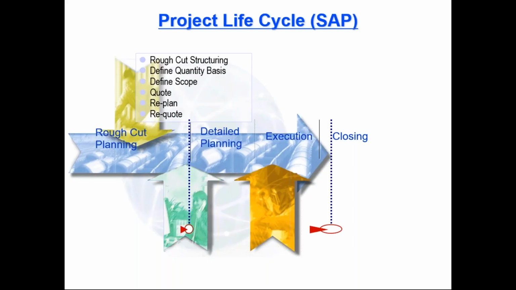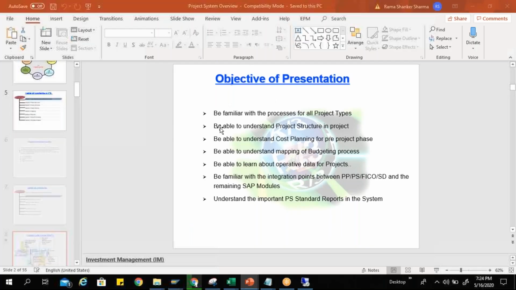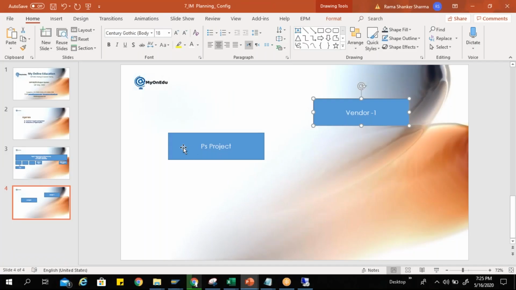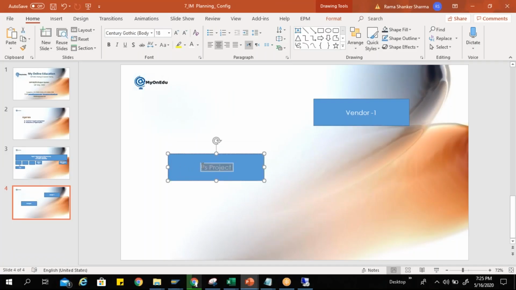Customer project, I'll explain it again. What is the customer project? See, you are an engineering and construction company, and here is the customer. Let's say it is a government client. This government client has published their requirement in the newspaper.